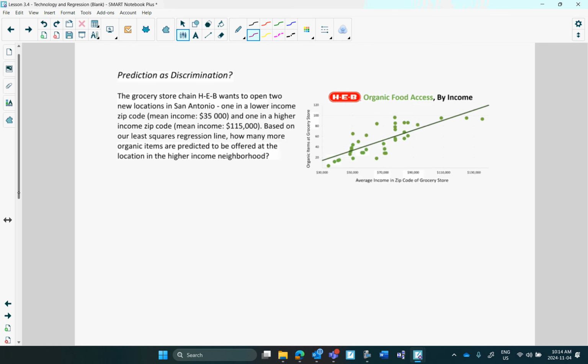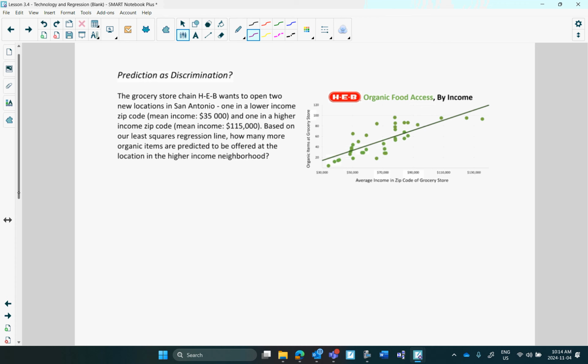Okay. So let's just look at this grocery example one more time to finish up, where we can actually use prediction as potential discrimination. Because remember the two variables we were talking about: average income in a certain zip code or area, and the number of organic items available at that grocery store in the area.